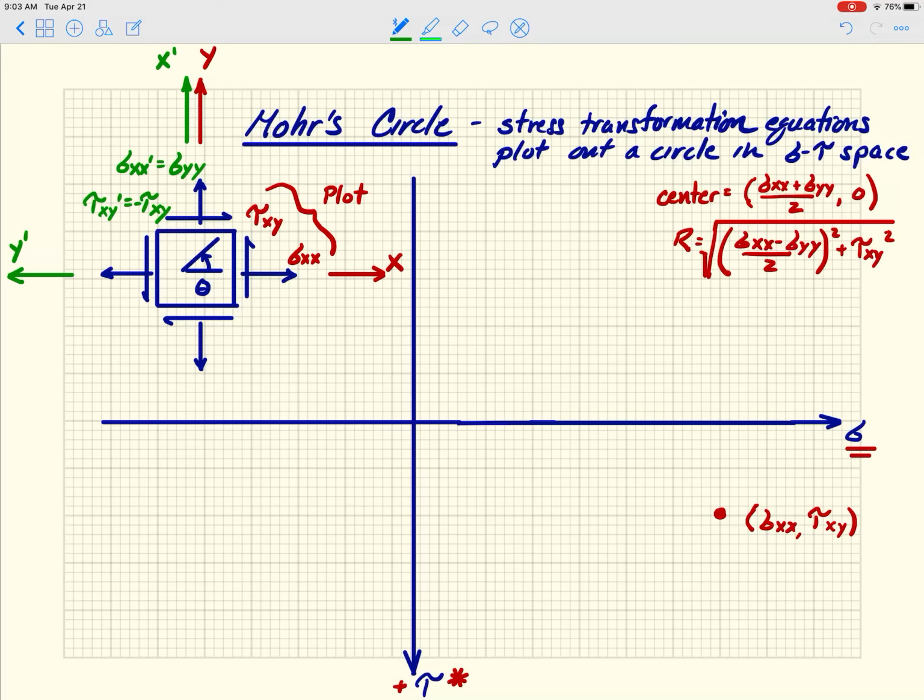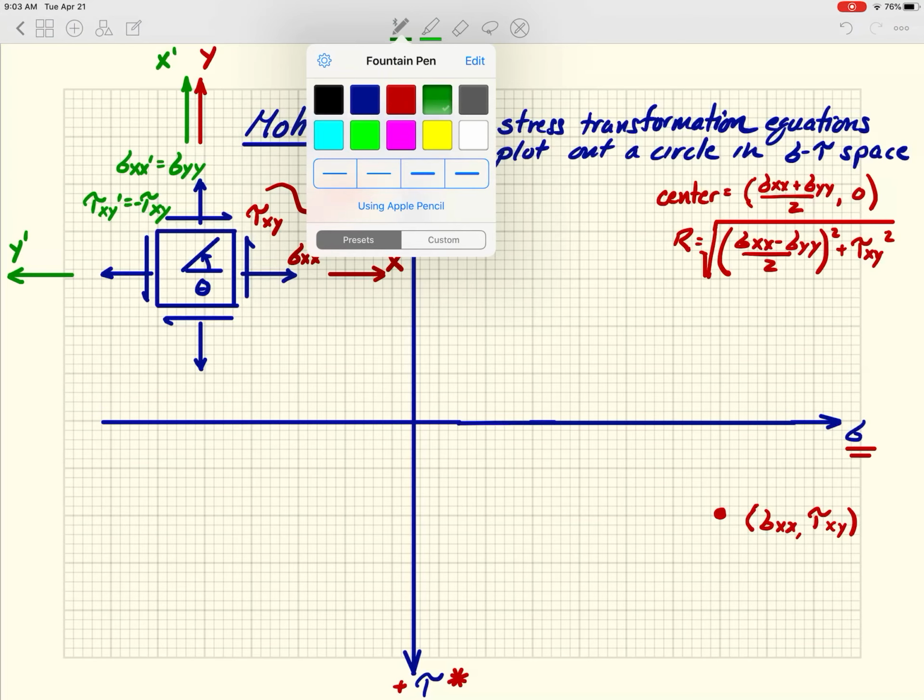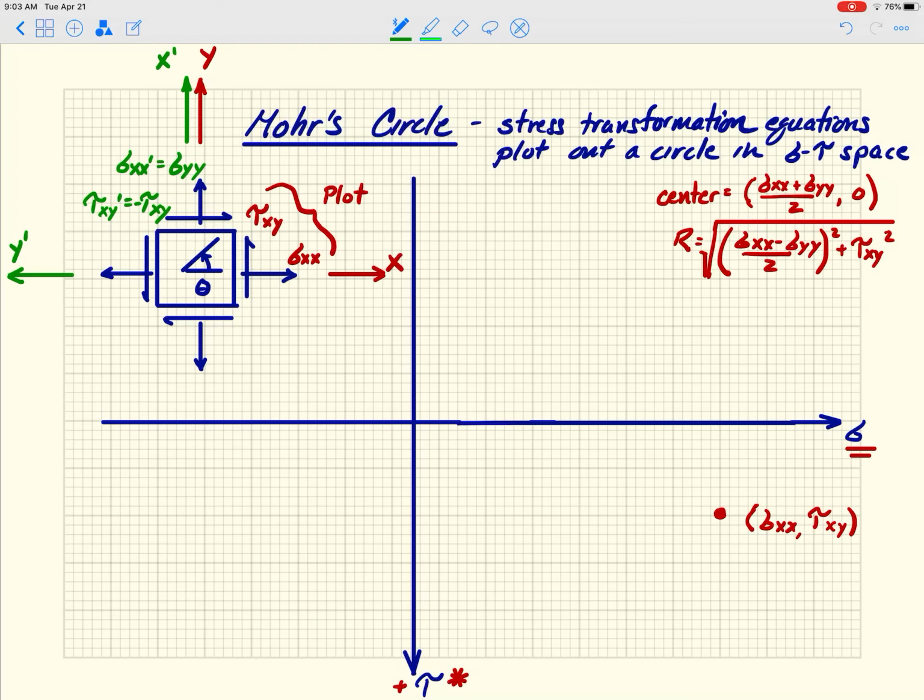Well, I've rotated my coordinate system 90 degrees, and now if you look at that arrow, I'm going to go over it in green. It's pointing now in the minus y prime direction, and it is acting on a positive x prime face. So that is what we are going to call a negative shear stress.